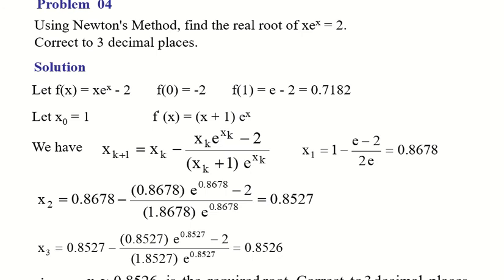So you can observe here, x2 is 0.8527, x3 is 0.8526. You have to get the answer correct to 3 decimals. So up to 3 decimals they are equal, so you can conclude your answer. Therefore x is equal to 0.8526 or 0.853 is the required root correct to 3 decimals.